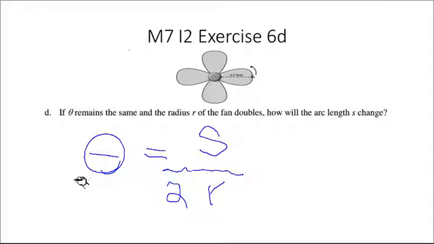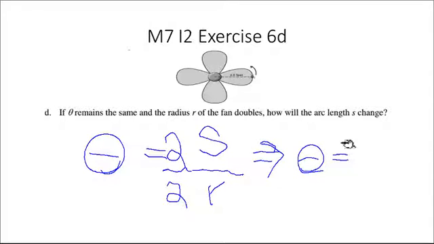So I can only multiply the expression S over R by 1. Because 2 over 2 is 1, theta will still equal S over R.